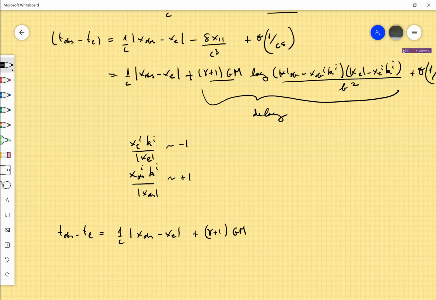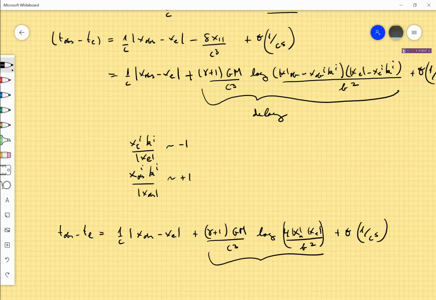I forgot this factor of c cubed that is here. And then the log of 4 times x_obs x_emission divided by b squared, plus terms of order 1 over c^5. And now this is the Shapiro delay formula.